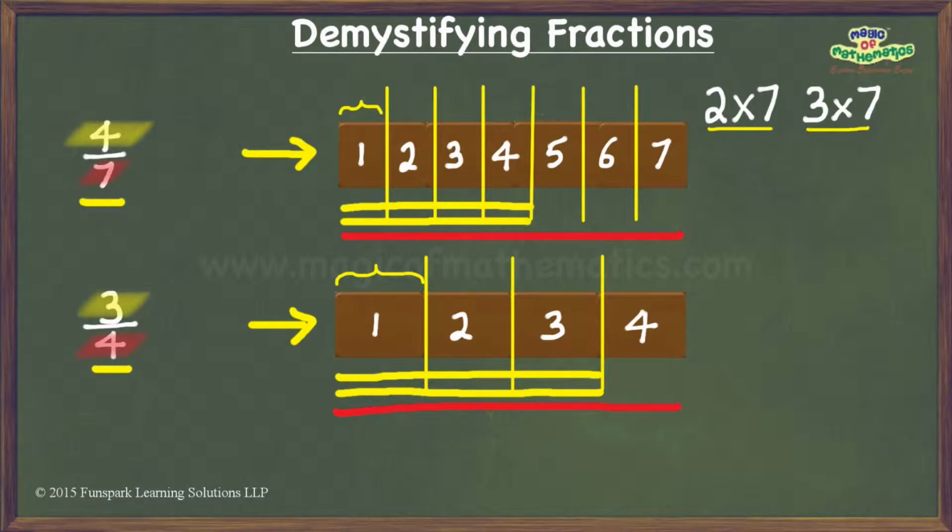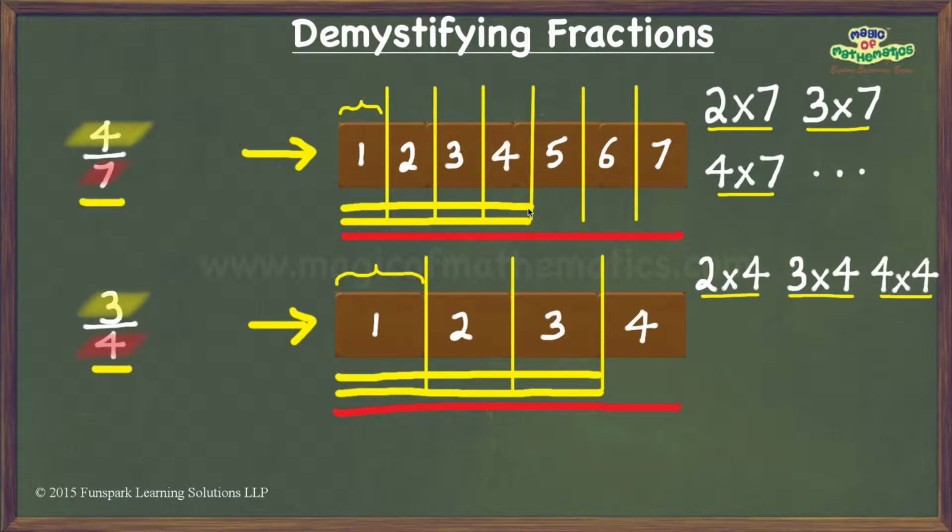Cutting them into 4 pieces instead will give us 4 times 7 equal size pieces, and so on. Doing the same exercise for the second chocolate will give us 2 times 4 pieces, 3 times 4 pieces, 4 times 4 pieces, 5 times 4 pieces, 6 times 4 pieces, 7 times 4 pieces, and so on.